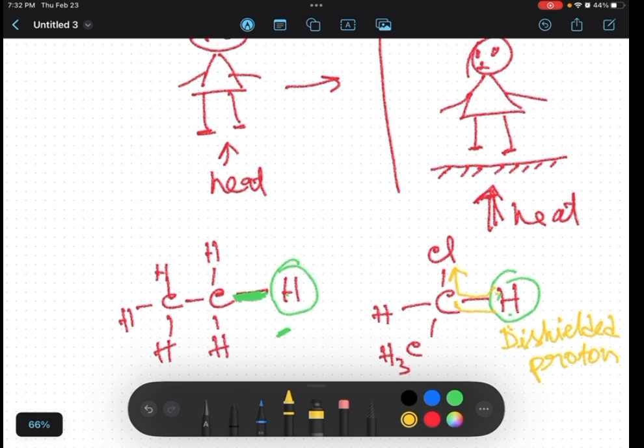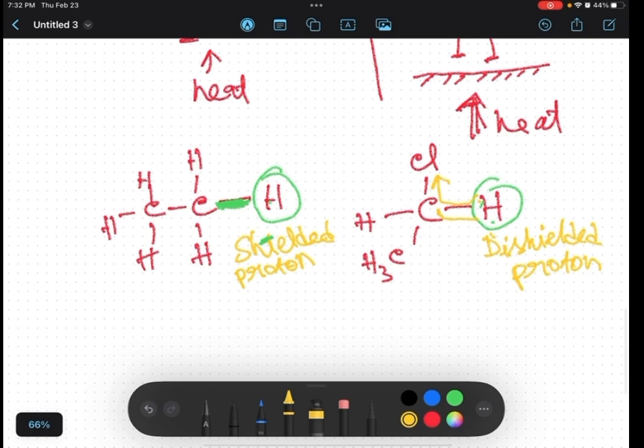But here we can say it is more shielding, or a shielded proton. Okay, so that's why this proton will show upfield.